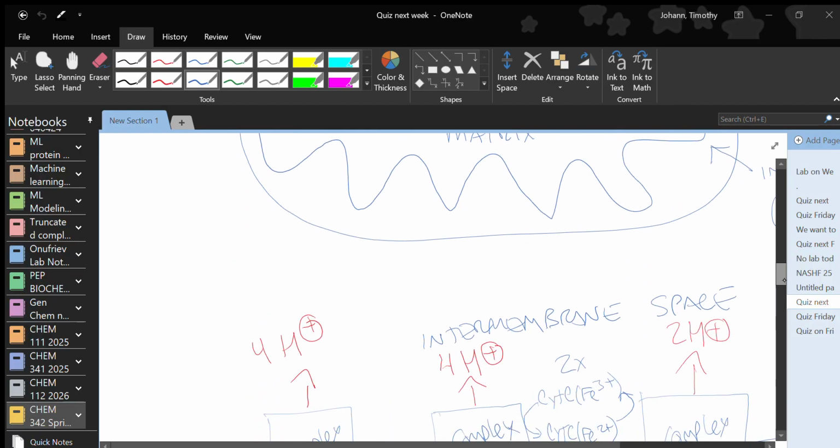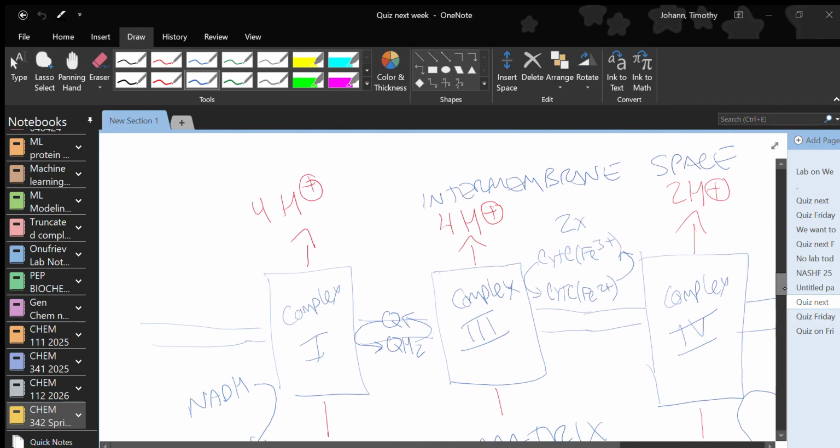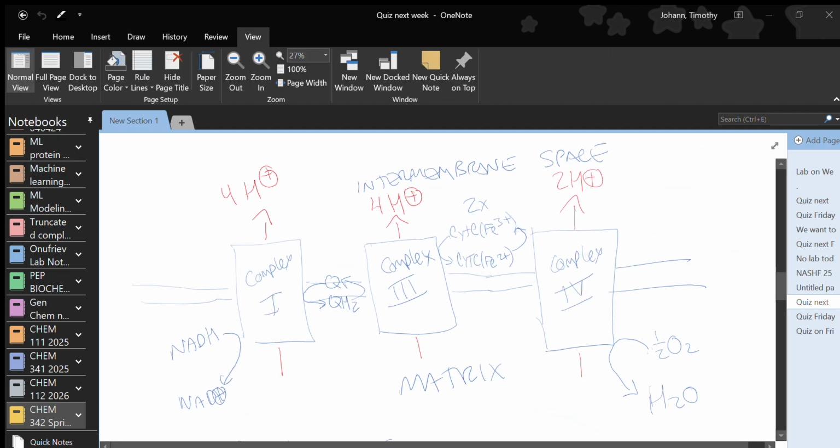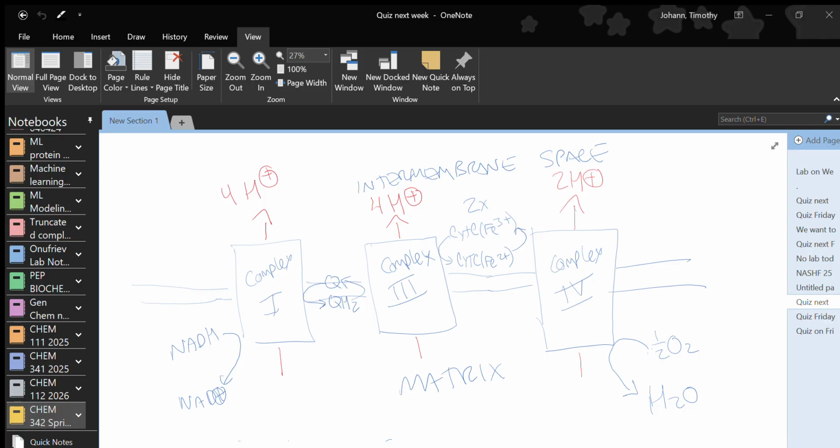But if we put one NADH in the electron transport chain, by the time those electrons are accepted by oxygen, we have pumped 4, 4, and 2, or 10 protons, right?